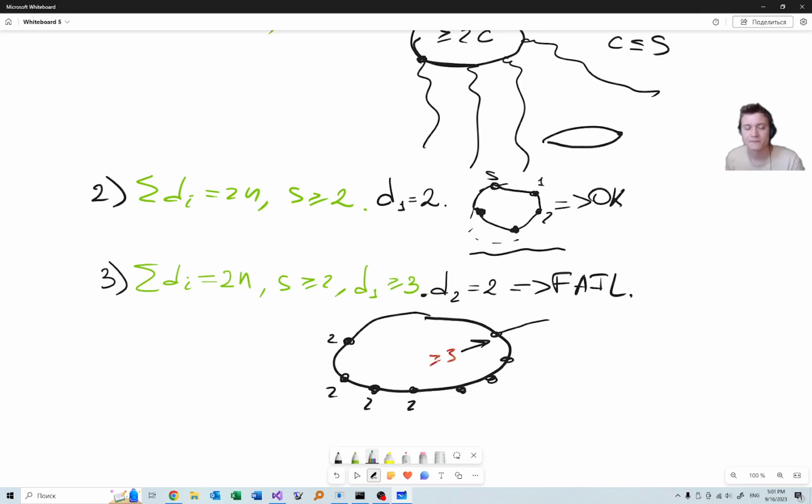So this is impossible, because d1 is at least 3 and this vertex cannot be anywhere. We have a cycle and nothing left. No space left on this device. So this is impossible.